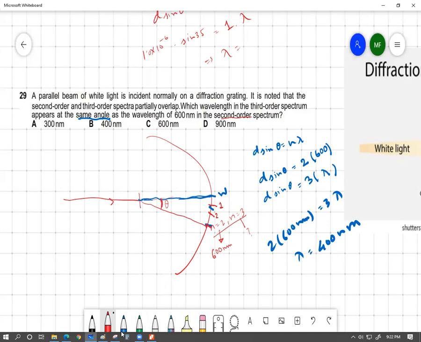Let's say that angle, for the sake of discussion, is 40 degrees. I'm guessing to explain. So the 400 nanometer light gives the third order spectra at 40 degrees, whereas the 600 nanometer light, which is also part of the white light spectrum, produces its central maxima at the same position, n equals 0. Its first maxima is produced at this place, and the second maxima is still produced at the exact same 40 degree angle. So at this 40 degree location, our 400 nanometer third order and 600 nanometer second order are perfectly overlapping. Do you get my point? Yes, sir.